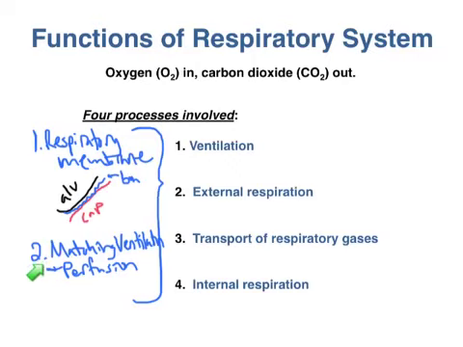The last thing that external respiration depends on is the partial pressures of oxygen and carbon dioxide. So a way of thinking of the partial pressure is almost like the concentration of oxygen and carbon dioxide in air or in blood. So those are the three things that external respiration depends on.